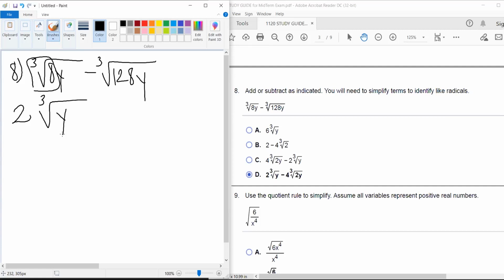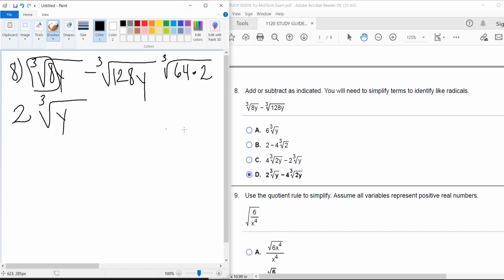128 is not a perfect cube root, so we need to see if one of its factors is. 128 we can break down as 64 times 2. Well, we know the cube root of 64 is, again, think of what number you can multiply times itself 3 times to make 64.